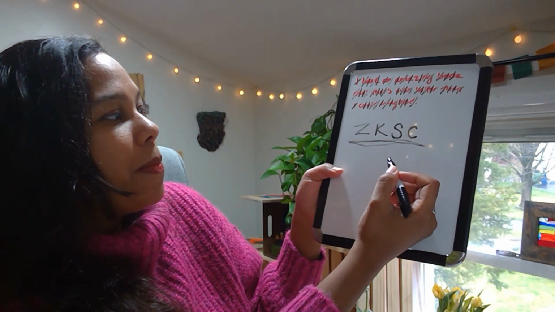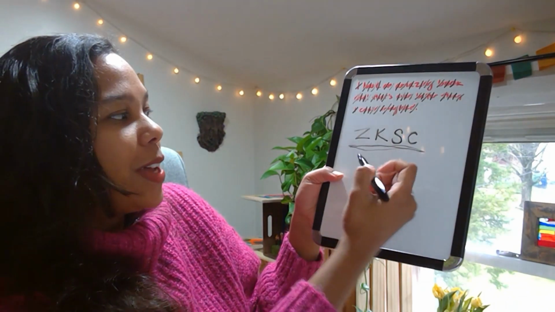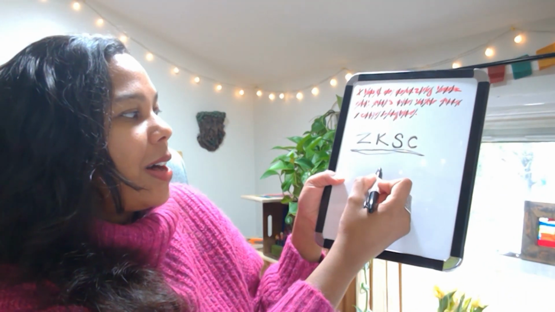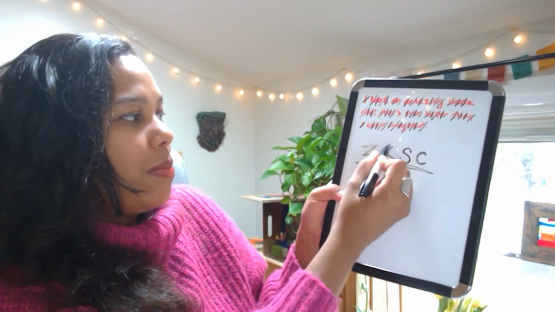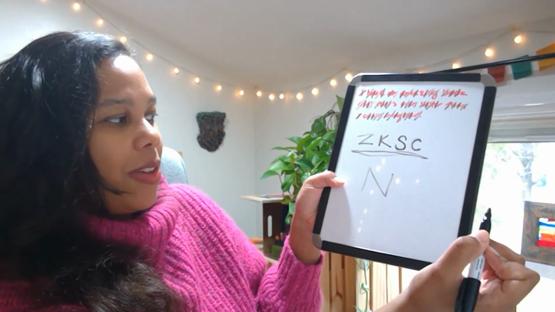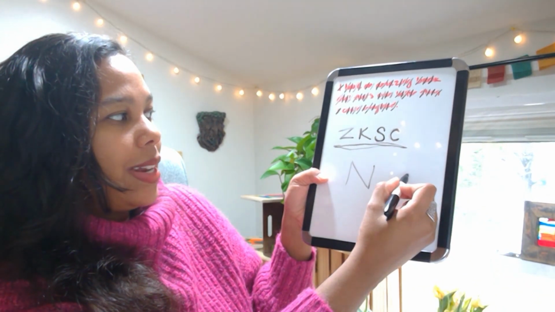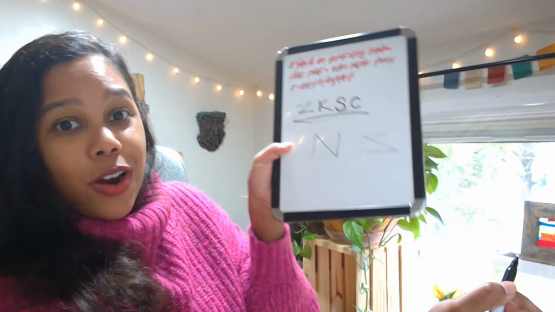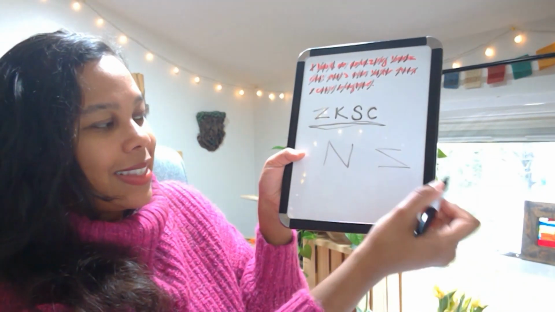So you can turn these letters upside down. So let's see. The Z, instead of having it be like this, I could have it be like that. Or I can do it in reverse where it looks like this.